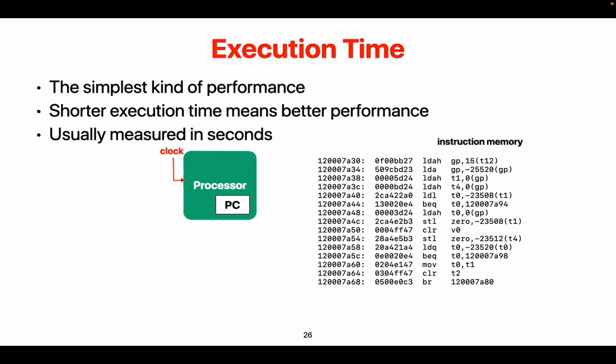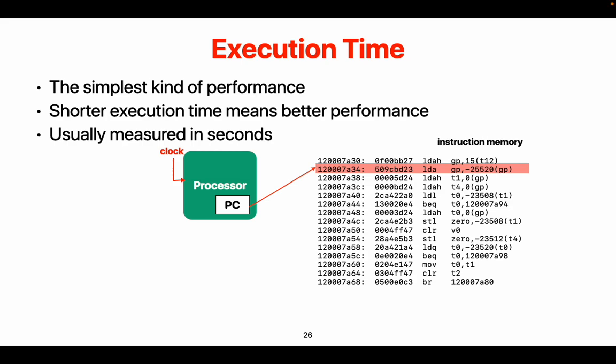Within each clock cycle, it will get something done, and sometimes a single instruction needs multiple cycles to get done. That's why the cycles per instruction is not always 1. Sometimes it could be larger, sometimes lower.